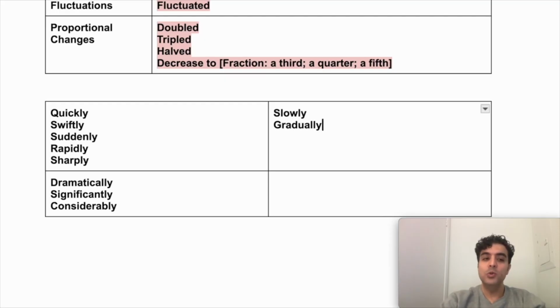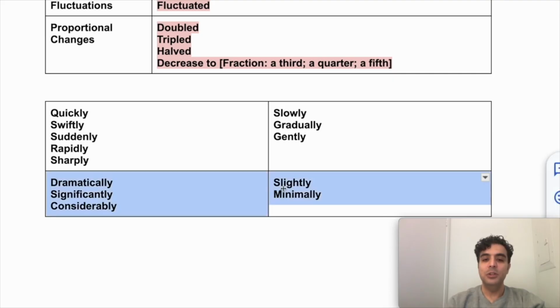We could also use gradually or gently. Or if we want to talk about an increase or a decrease that happened in a very small amount, right? It was very insignificant. What could we say? Well, we could say it increased slightly or it increased minimally. All right? These are the adverbs that you could use.